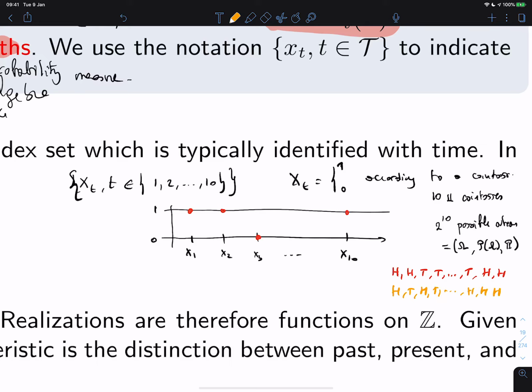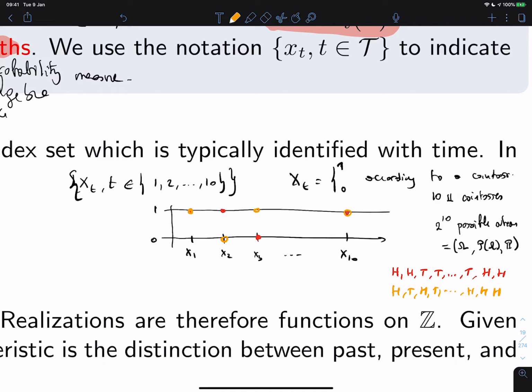Heads. Well, then here we would have had 1 0 1, and then so on up to 1, and so on.